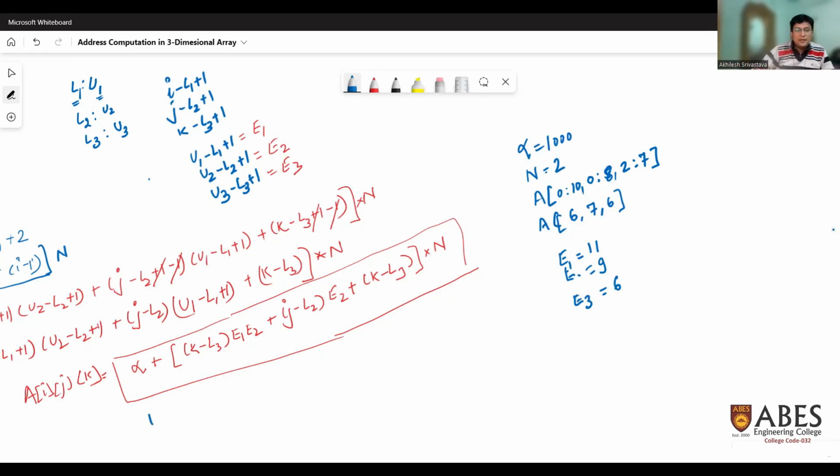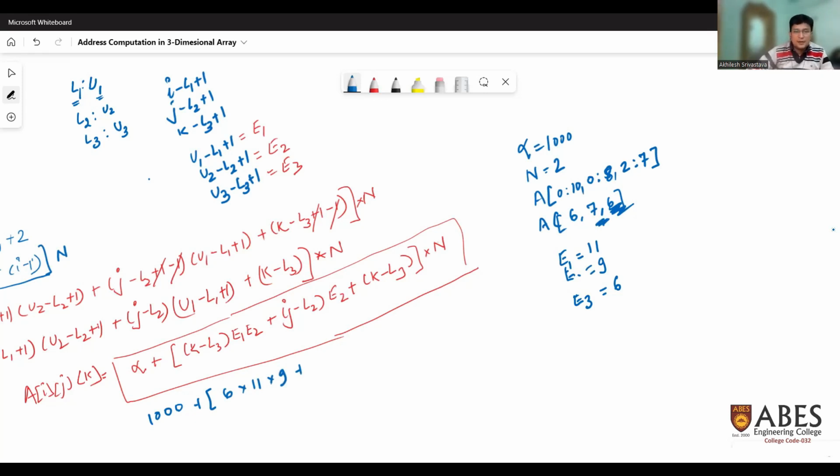So alpha, the base address, is 1000 here. And then the value of K is 6. So 6 minus lower bound, that is 6 minus 0, it means 6, multiplied with E1, which is 11, and E2 is 9. And then J here is 7, since it has been asked to compute the address of 676.